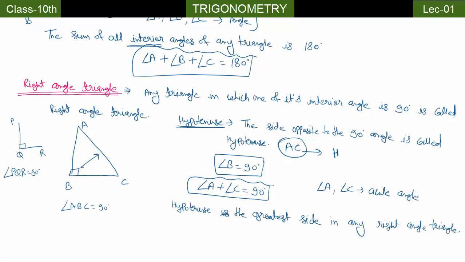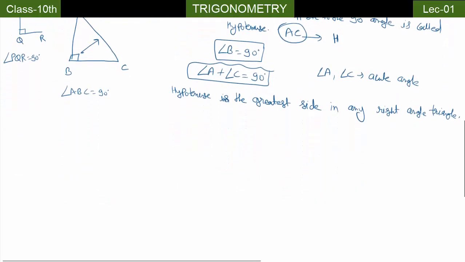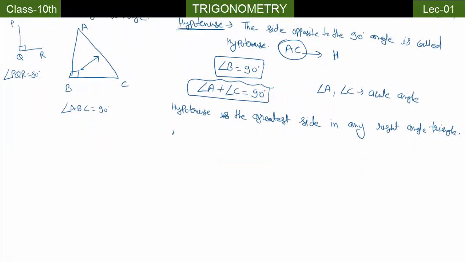If I measure the length of AB, AC and BC, then I will find that AC is the greatest. So I can write AC is greater than AB, and the length AC is greater than BC. Okay, so this is the relationship we have got.